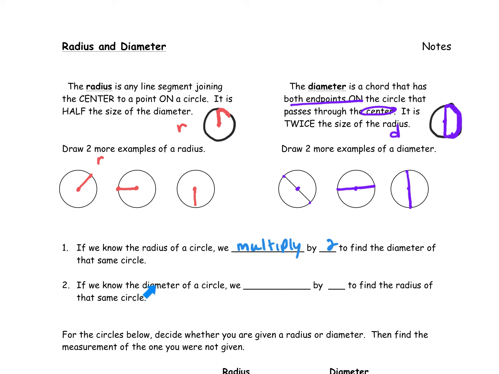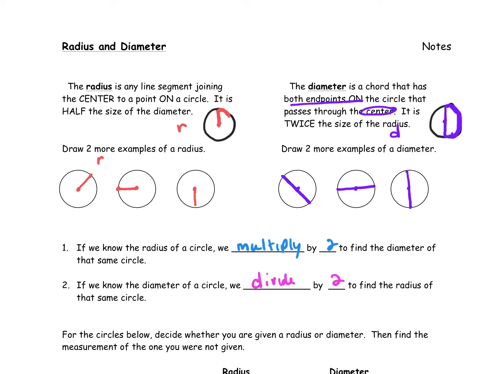Next, it says if we know the diameter of a circle, we blank by blank to find the radius of that same circle. So we divide by 2. If I look at this diameter, it's like having two radii.